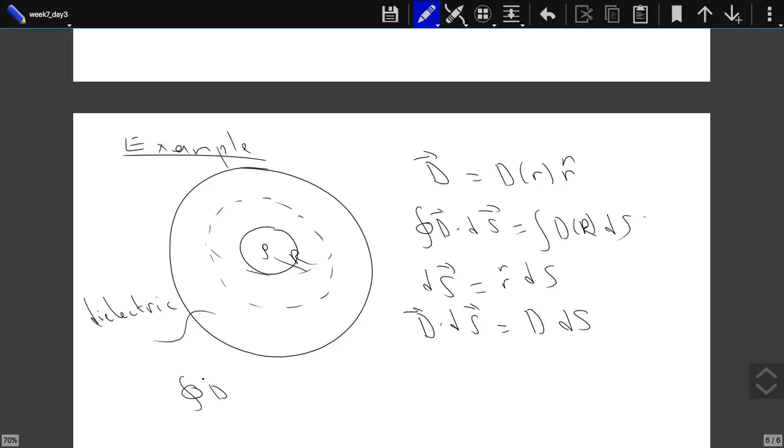So this integral will be, well, over the surface, D(r) is just a constant. What remains is the integral of the surface over this closed surface. And the total surface area is just 4 pi r squared.